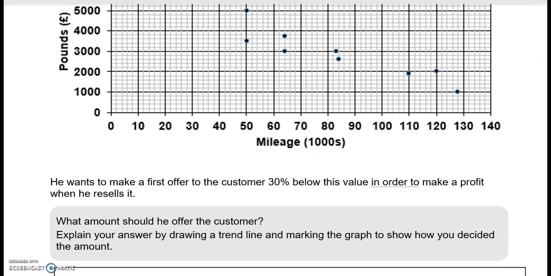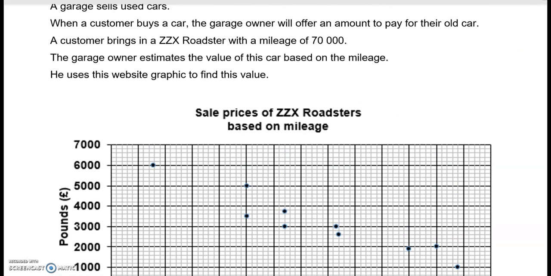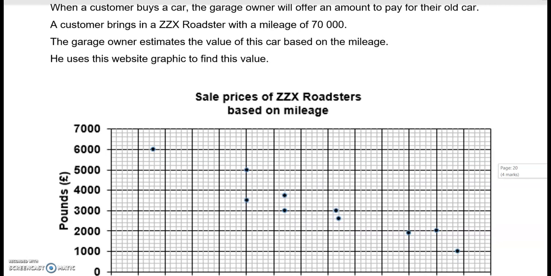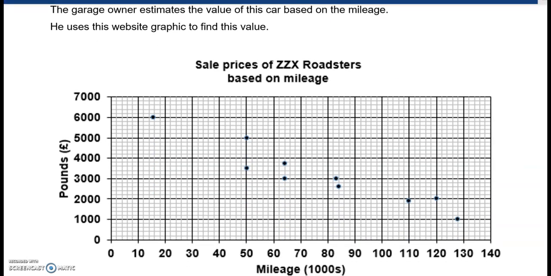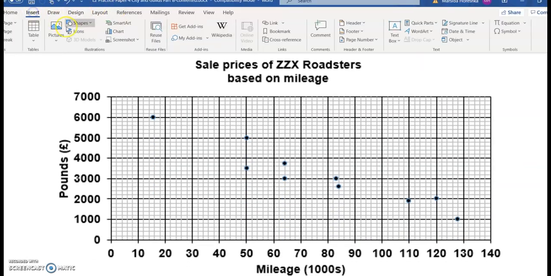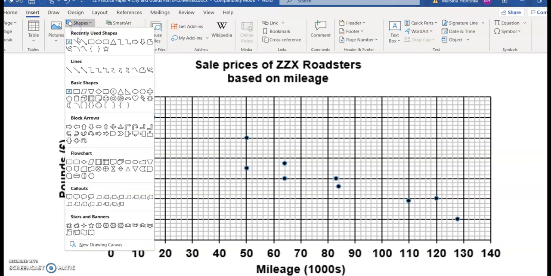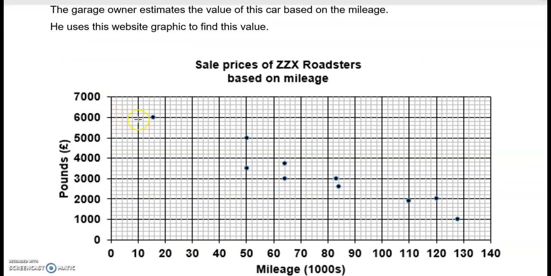So we'll draw a line of best fit to check the value. And we've got 70,000 miles.